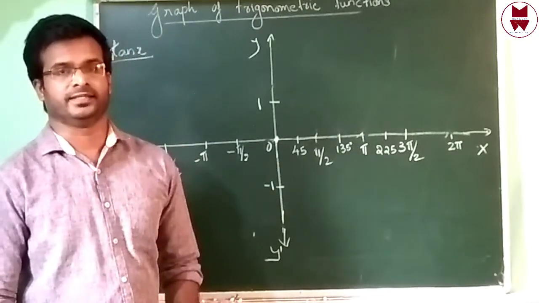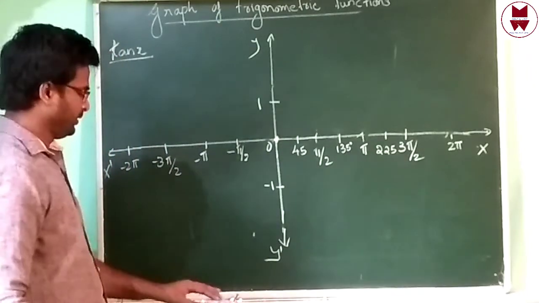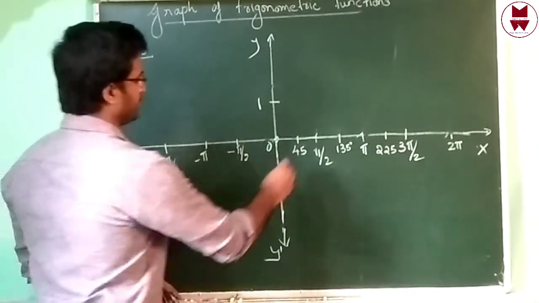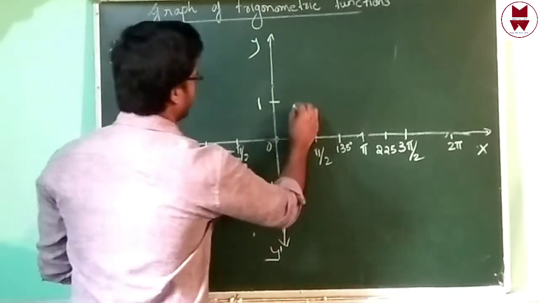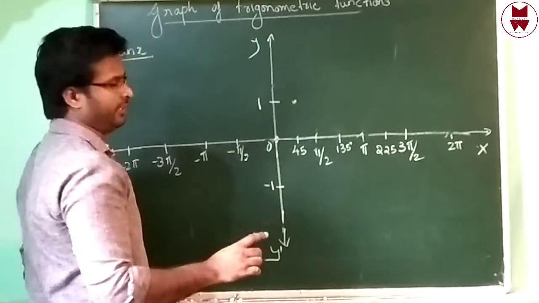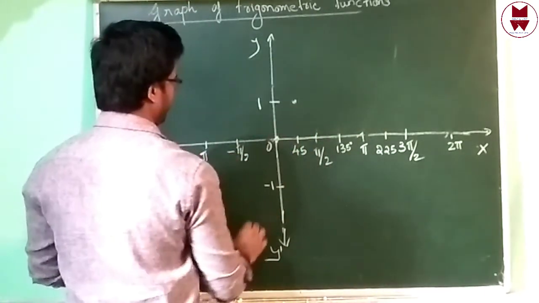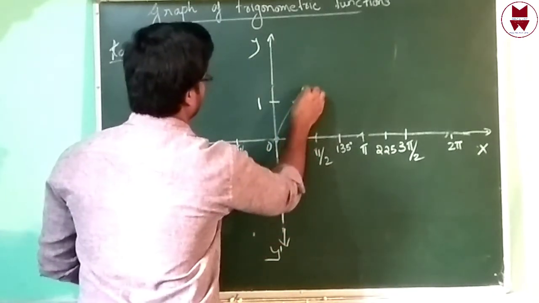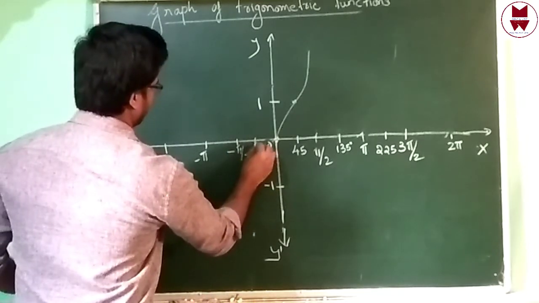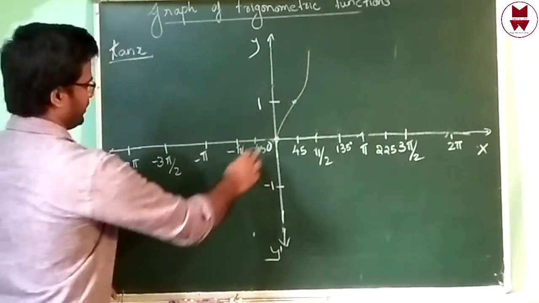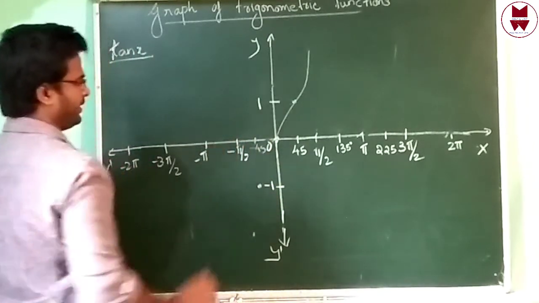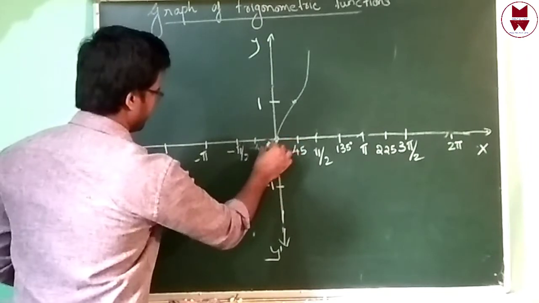Now we can see tan x. Tan 0 is 0. Tan 45 is 1. Then tan 90, that is pi by 2, is not defined. Then on this side, tan minus 45 will be minus 1, then tan minus 90 is not defined.